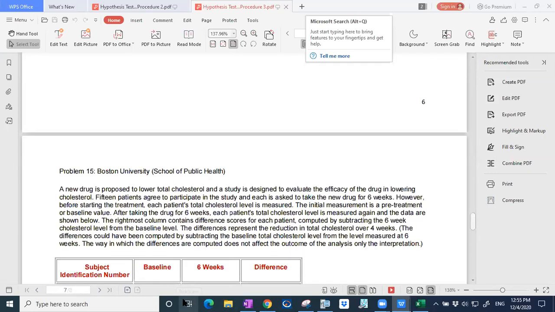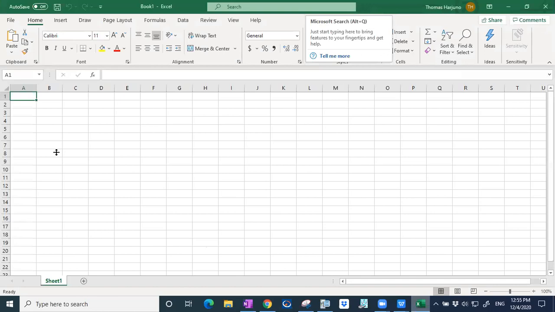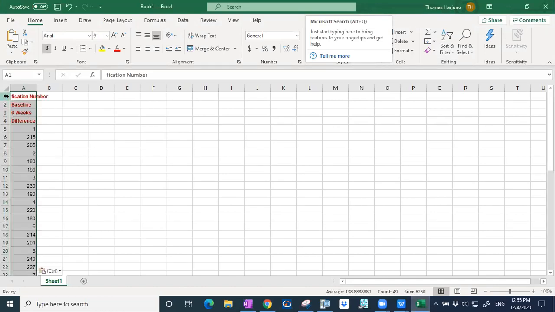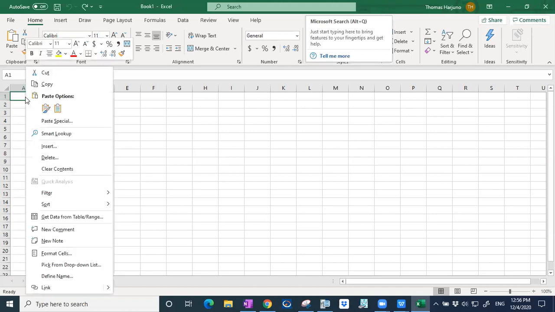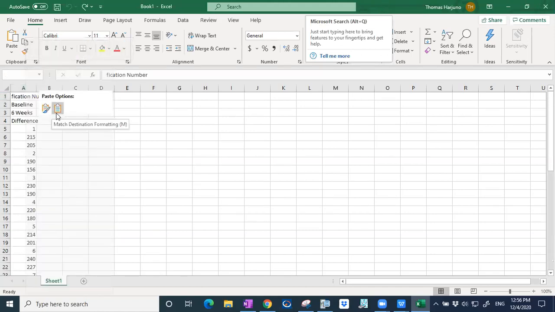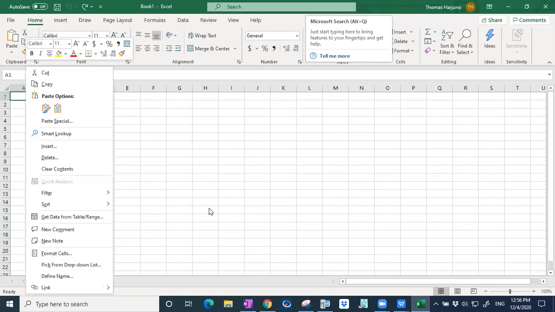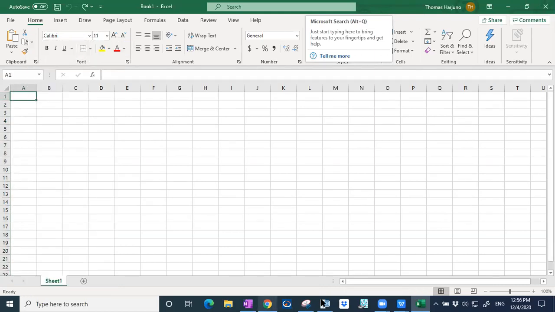So I will copy this data. Okay, I copy this data and I put it on my Excel. Why does it look like that? That's not what I want. That's not the right one. Okay, go back.